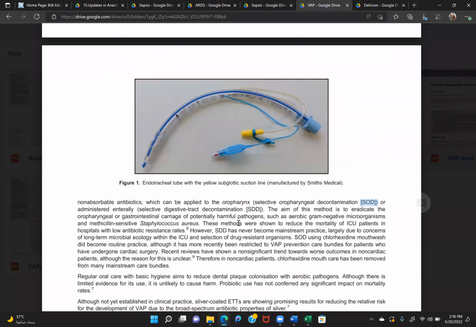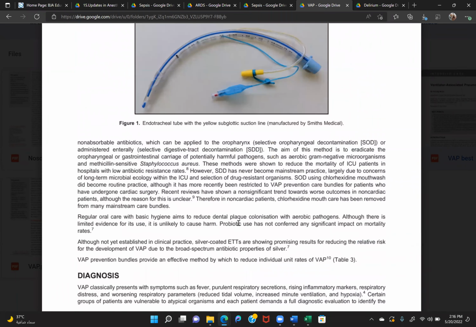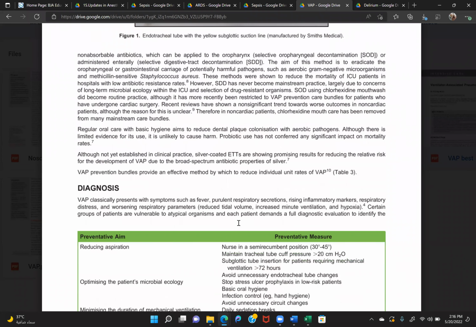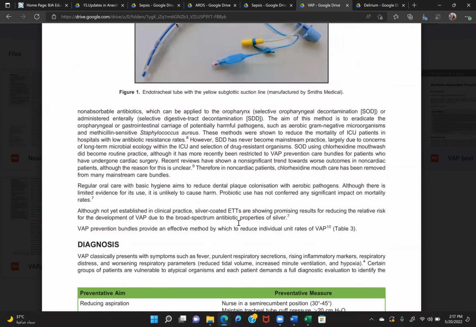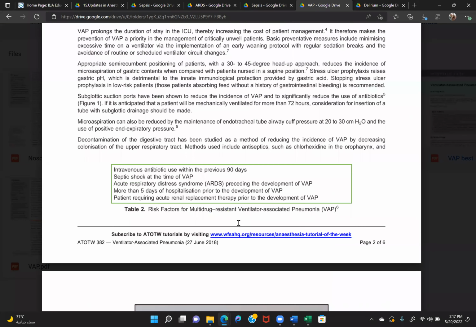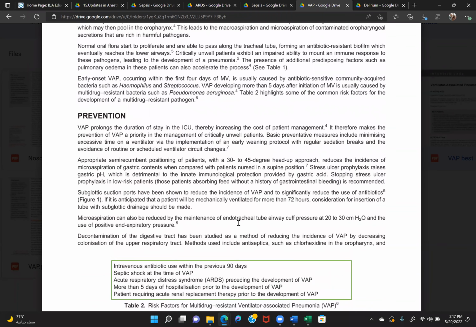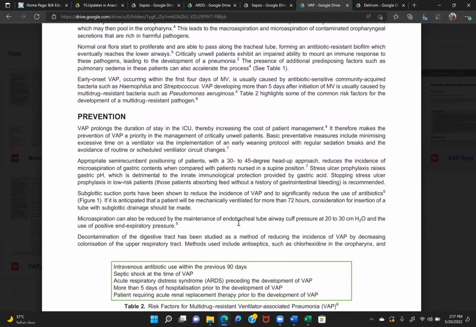On the above page, it was written under prevention. Under prevention, in the second paragraph, it's actually written.